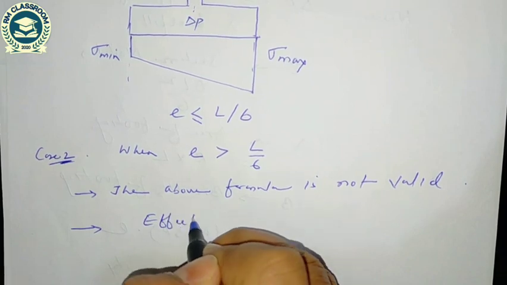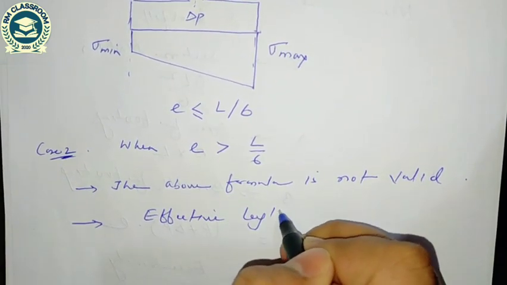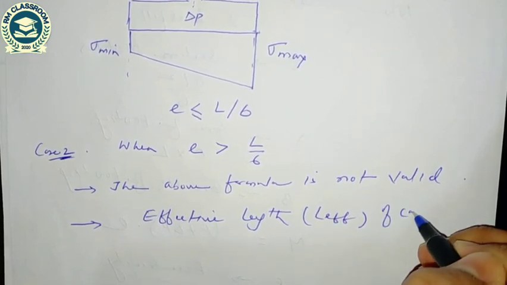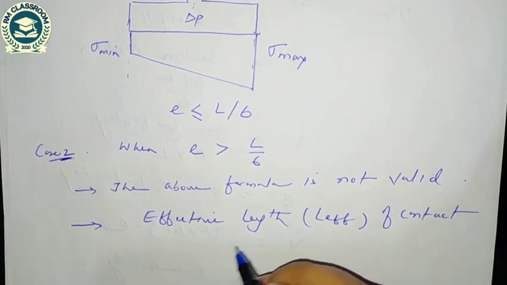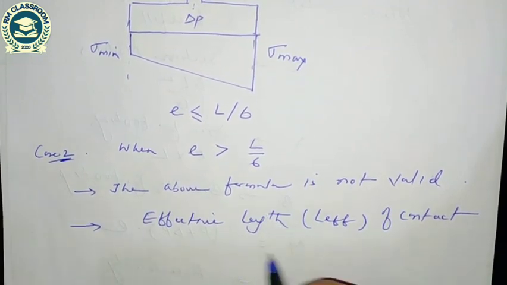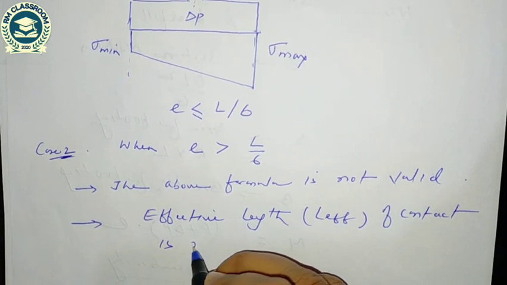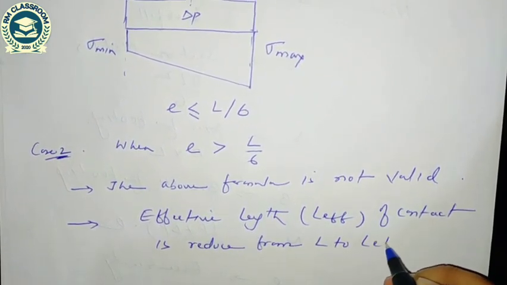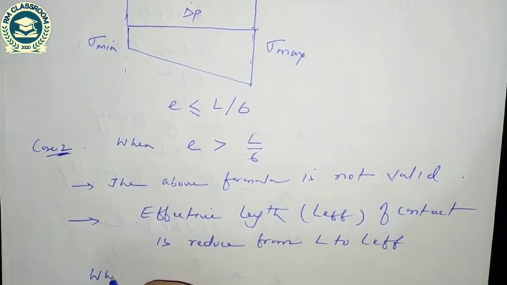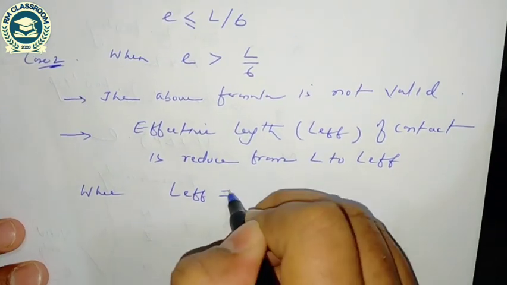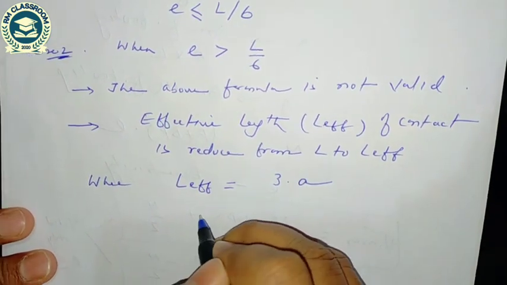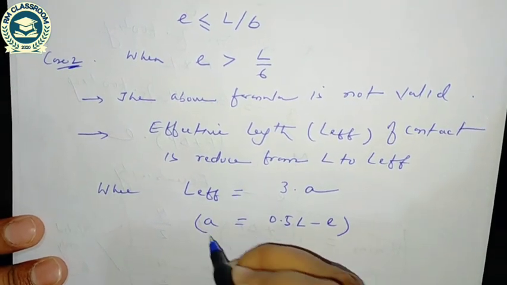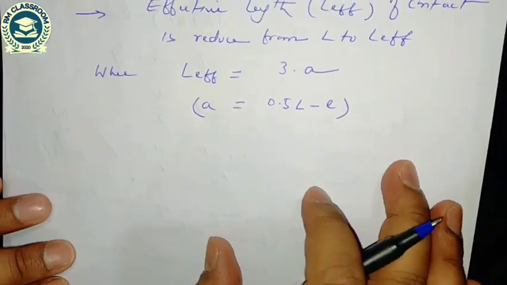The effective length of contact is reduced from L to L effective, where L effective is equal to 3 times A, where A is equal to 0.5 times L minus E. So with the help of that we can compute L effective.